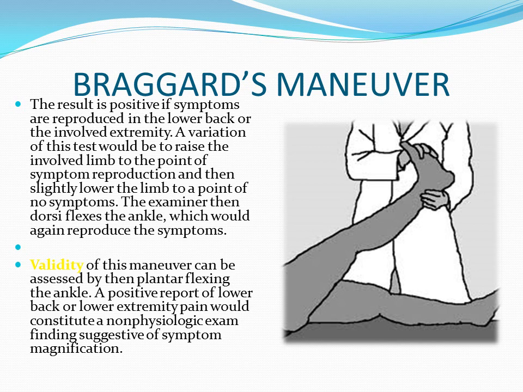Now, your examinee does not know that this should relieve the symptoms because they're not doctors, and in the event of a positive report of lower back or lower extremity pain symptoms, this would constitute a non-physiologic exam finding and may raise your suspicion for symptom magnification. So I love most of these maneuvers because they have built-in validations, and they have cross consistency with other examination maneuvers as well.